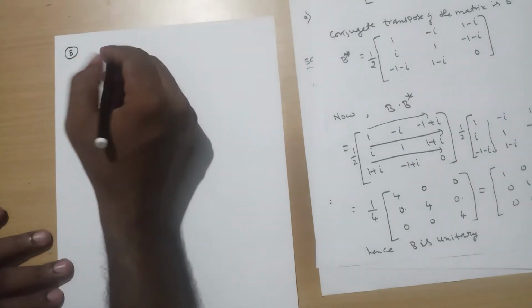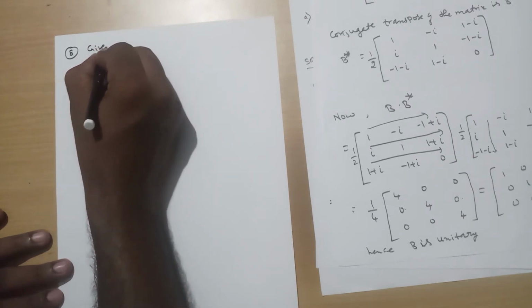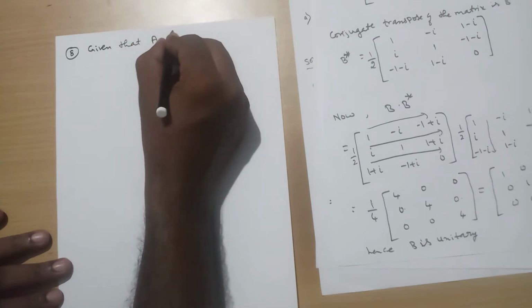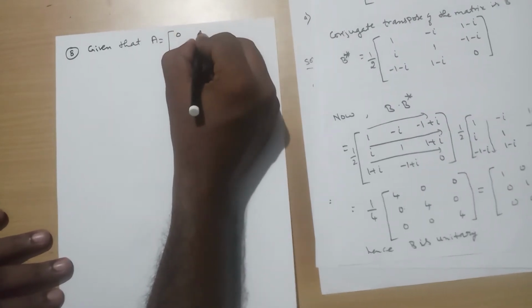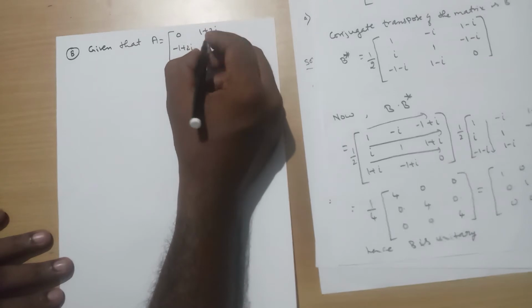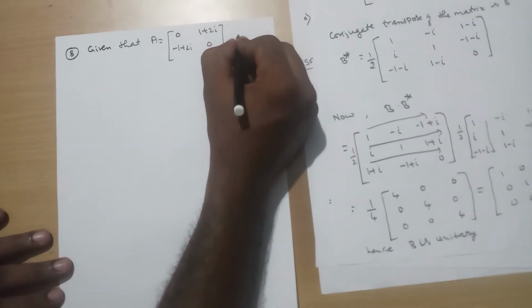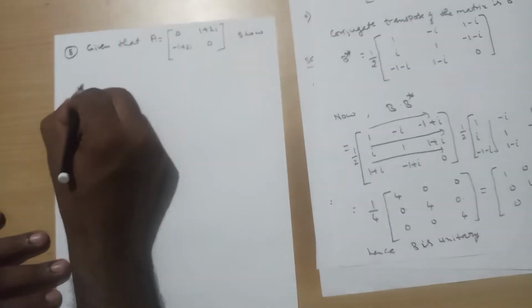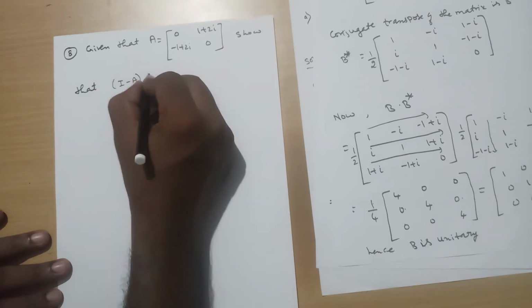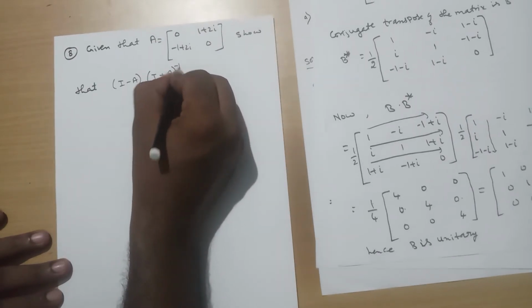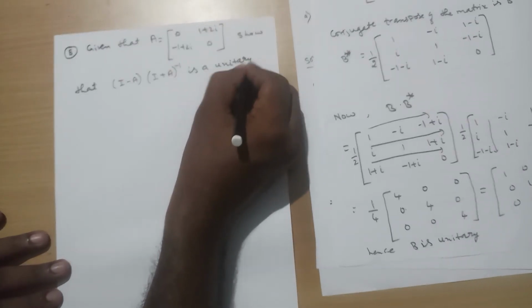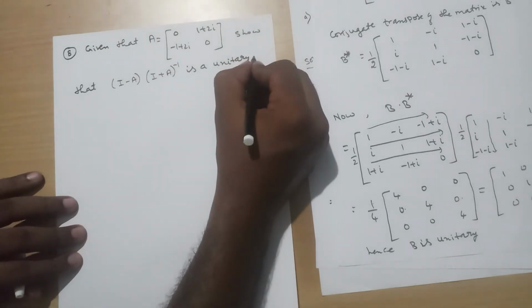So here given that A equals 0, 1 plus 2i, minus 1 plus 2i, 0. Show that I minus A into I plus A inverse is a unitary matrix.